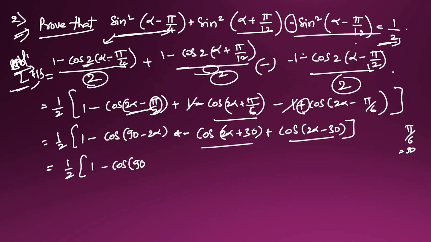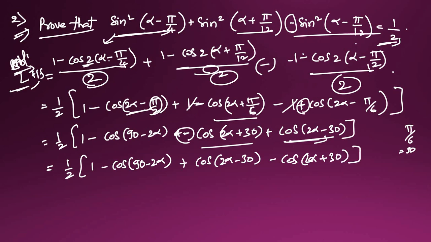Okay, this I will write like that only. So here minus is there, so first I will write this plus term here. Plus cos of 2 alpha minus 30, minus this I will take here, this is minus cos of 2 alpha plus 30.